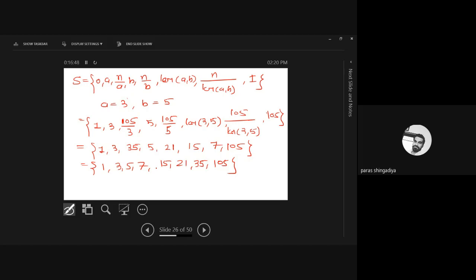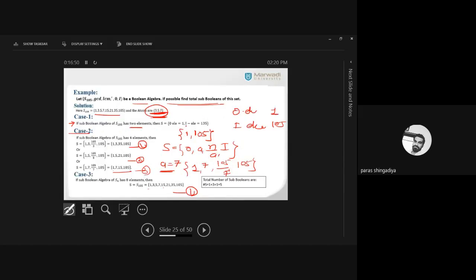Clear? So now we derive the total of this sub-Boolean algebra. Okay. So in case 1, we have only one answer which includes the two elements. Okay, that will be a unique answer always. So that is only one case, one answer we can derive in case 1. In case 2, we can predict 3 answers, which include the 4 elements.